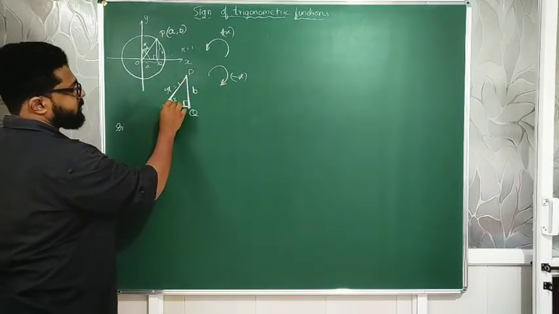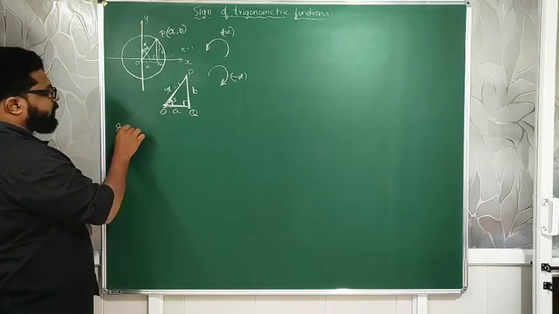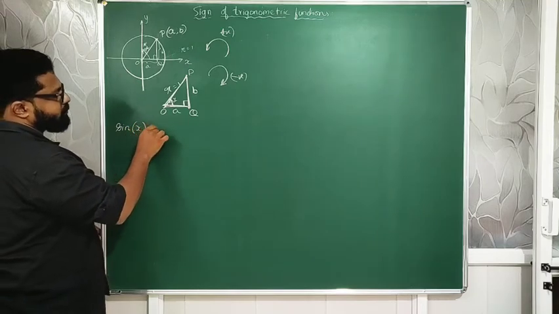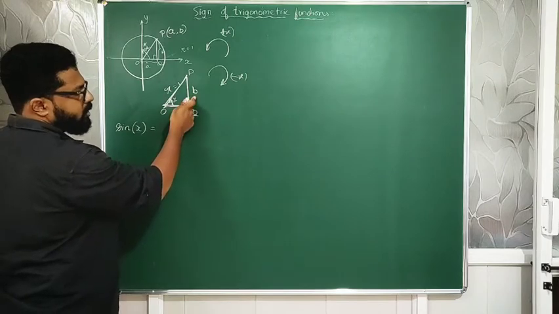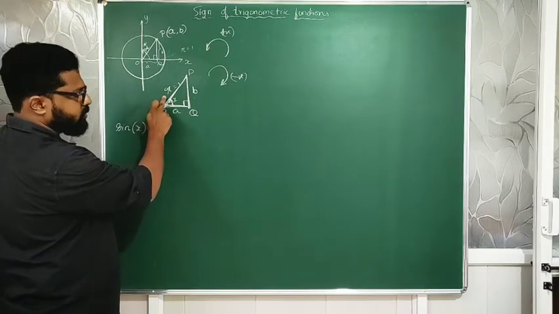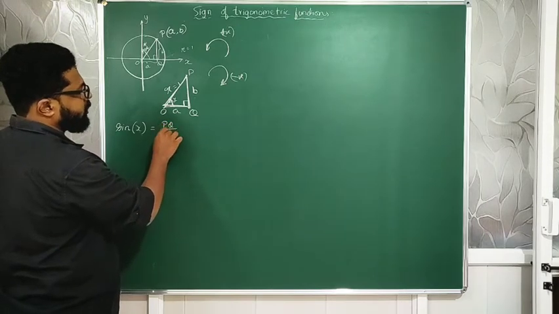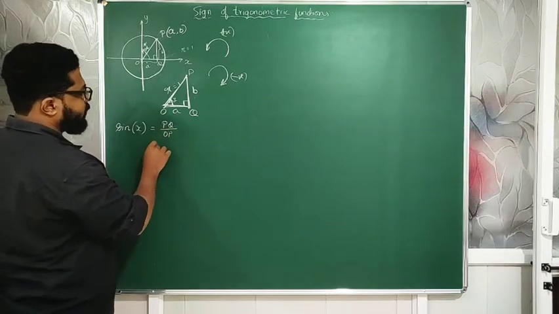So let us consider this x, which is measured anti-clockwise. Now, what if I have to find the sine of that angle x? We know that the sine of an angle is opposite by hypotenuse. This angle is x, so opposite is PQ and hypotenuse is OP.